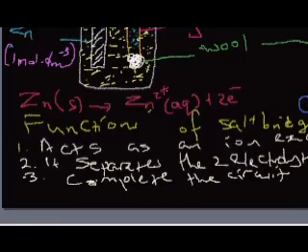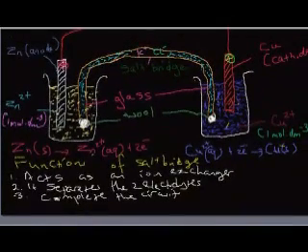As we can see, if we didn't have a salt bridge here, we were not going to have the movement of our electrons or our electrical current from this particular half cell into the other half cell. So those are the functions of our salt bridge.